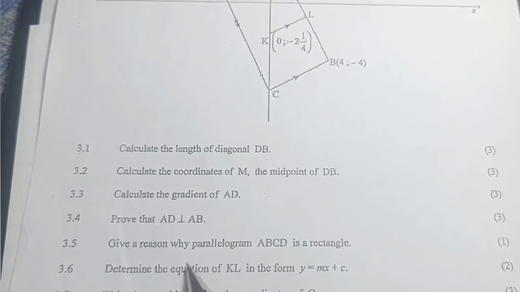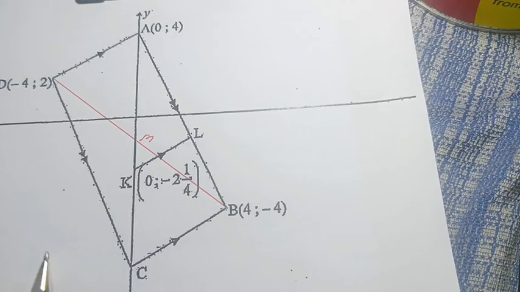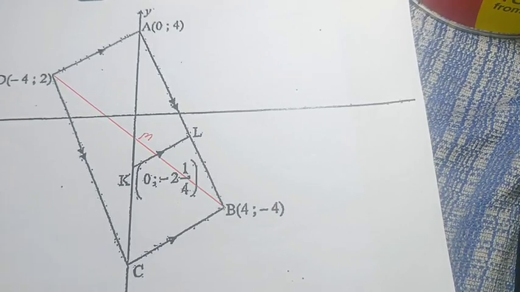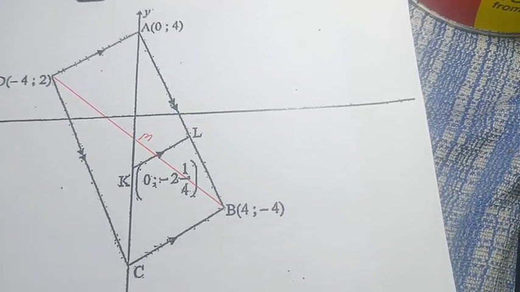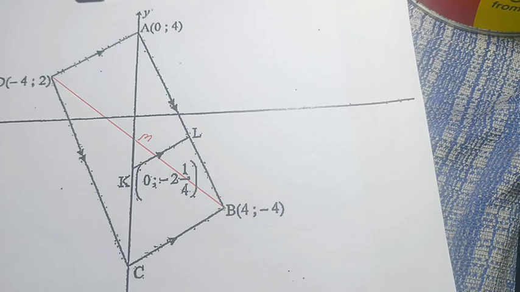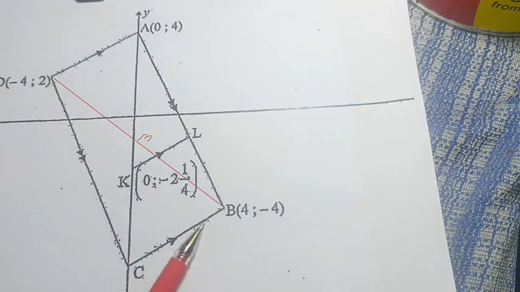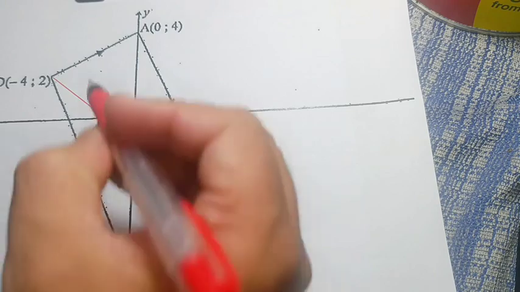3.5, the question says: give a reason why parallelogram ABCD is a rectangle. I'll show you how. Remember, in a rectangle any corner angle must be equal to 90 degrees, then we can say this is a rectangle. We already proved that AD is perpendicular to AB, which means this is 90 degrees here.